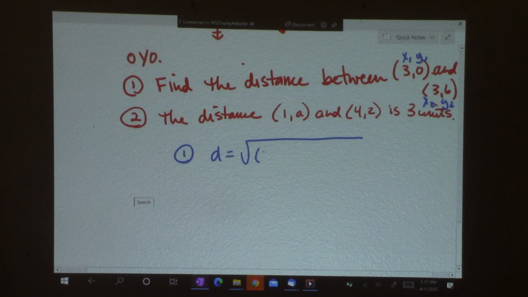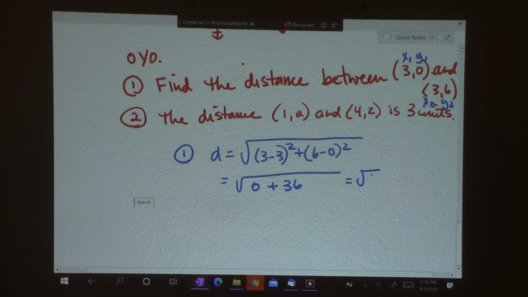So I have 3 minus 3 squared plus 6 minus 0 squared. So this becomes 0, and 6 squared is 36. So I have the square root of 36, which is 6 units. So my distance between these 2 points, (3, 0) and (3, 6), is 6 units.